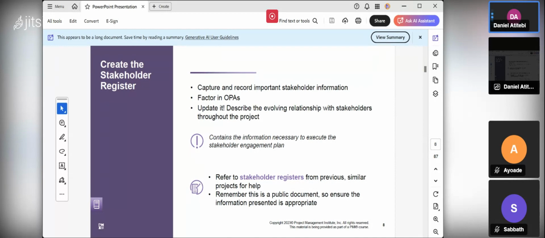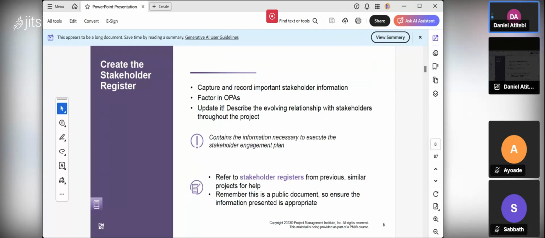It describes the evolving relationship with stakeholders throughout the project. The information about the stakeholders is there: their profiles, their department, or if they are external stakeholders, how you can reach them, their phone number, and their preference when it comes to how you want to communicate with them.